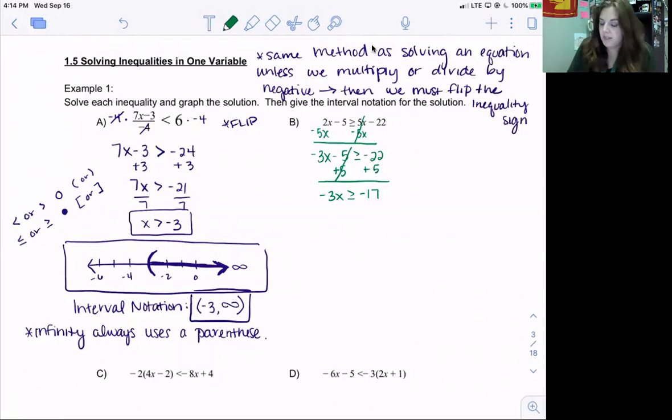Then to get x by itself, we're going to divide by negative 3. So we divided by a negative, so remember, we need to flip our inequality sign. So it becomes less than or equal to. And a negative divided by a negative is a positive. We don't know 17 divided by 3, so we're just going to leave it as an improper fraction.